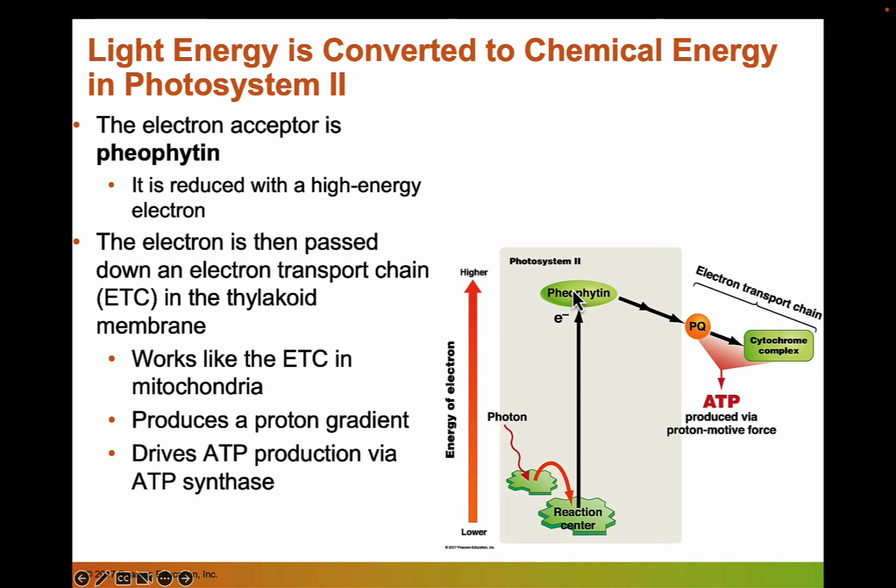And this electron is then transferred down an electron transport chain that's embedded into the thylakoid membrane. And this works just like the electron transport chain in the mitochondria, in that it's going to produce a proton gradient, and that proton gradient is going to be used to produce a proton motive force that will be used to generate ATP via the ATP synthase. So that's pretty cool, and let's take a deeper look into how that happens.